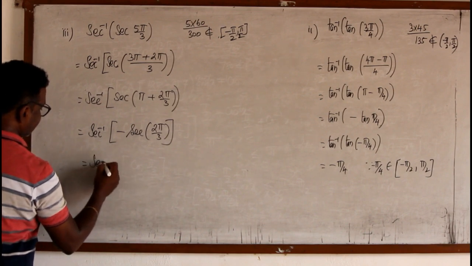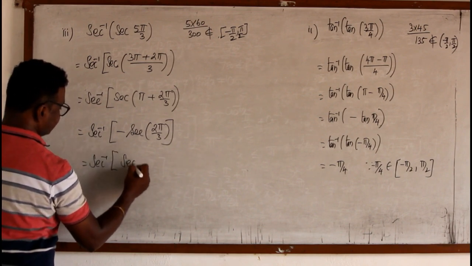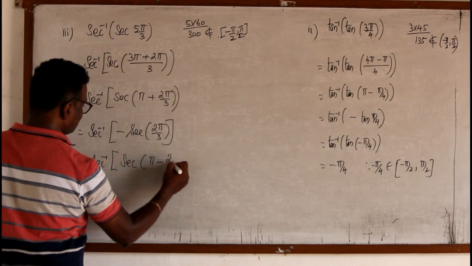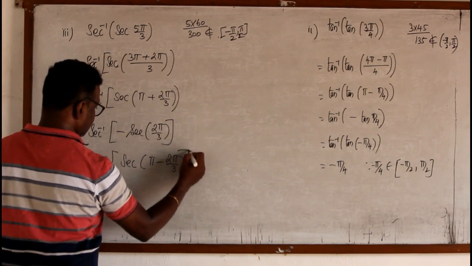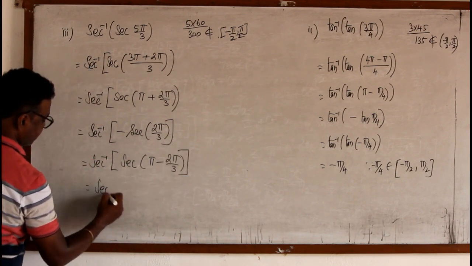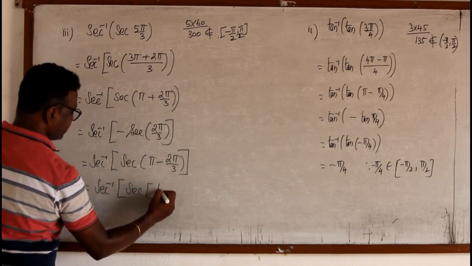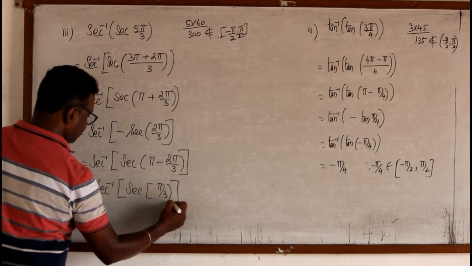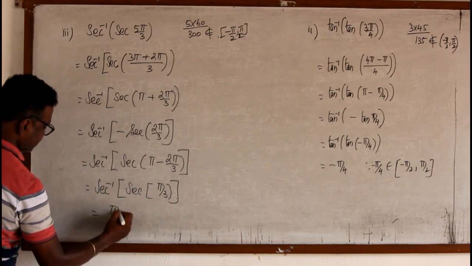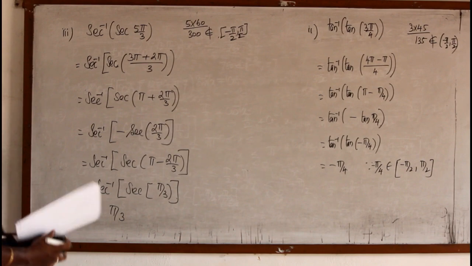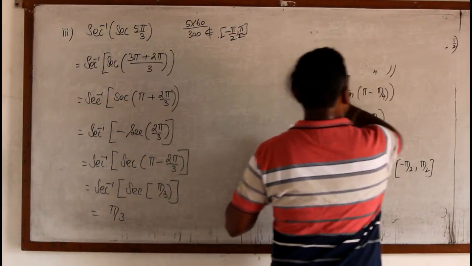But in secant, if I get minus, then it is secant of pi minus 2 pi by 3. Then it is secant inverse of secant of 3 pi minus 2 pi by 3, which is pi by 3. Therefore, secant and secant inverse cancel, we get the value pi by 3. One more problem is there.